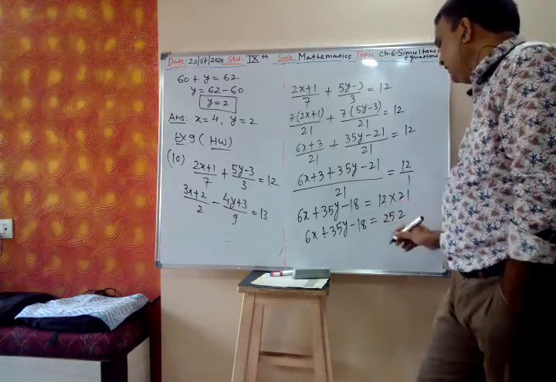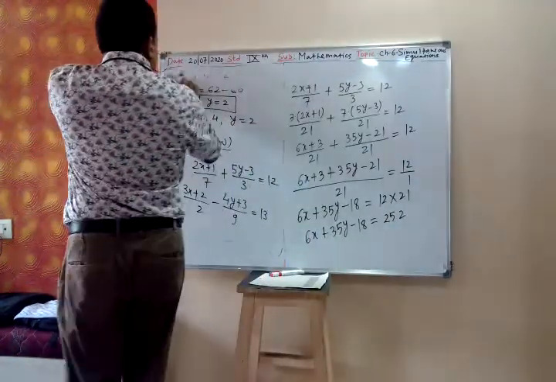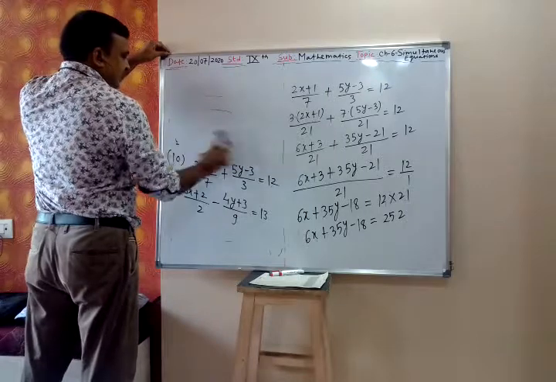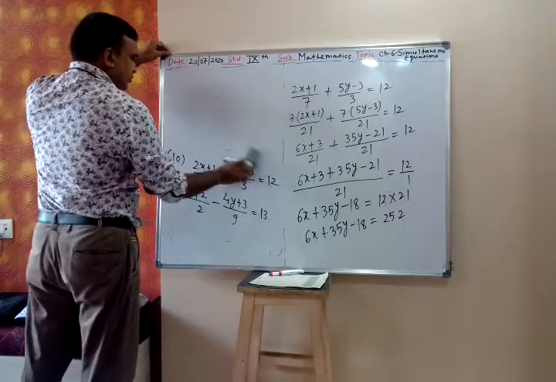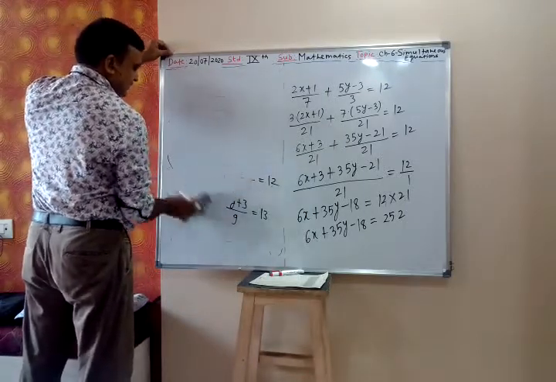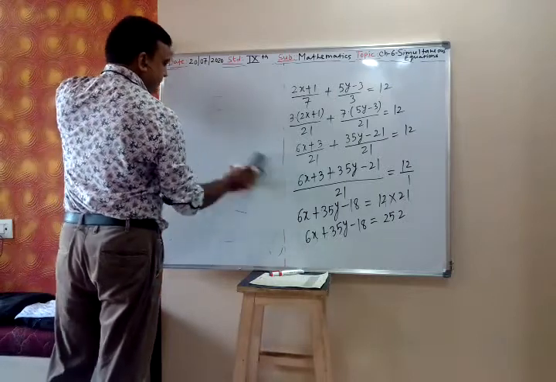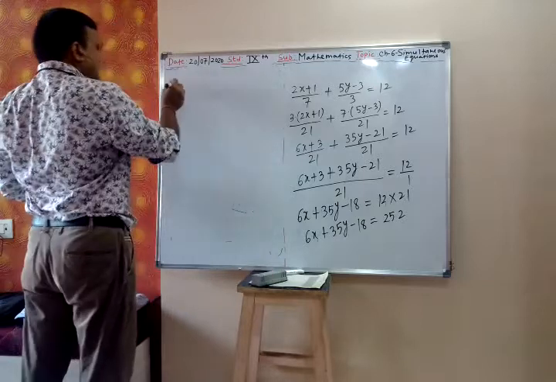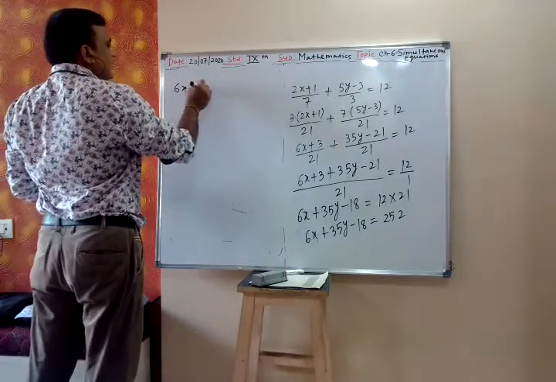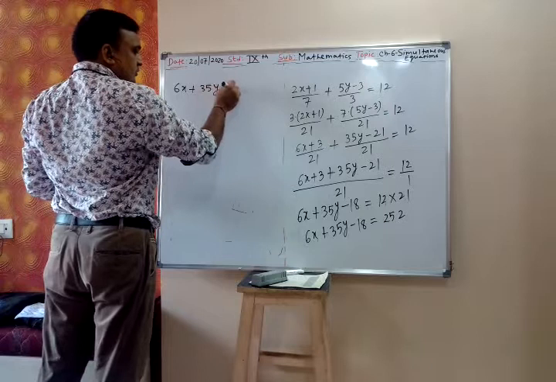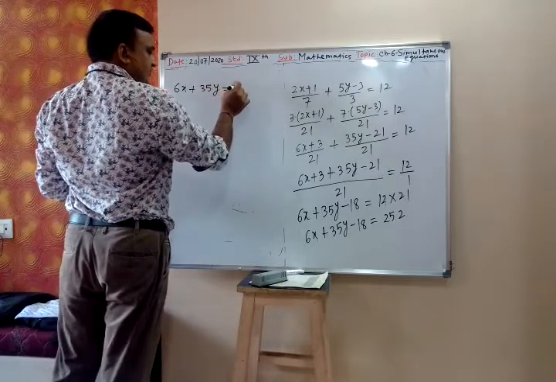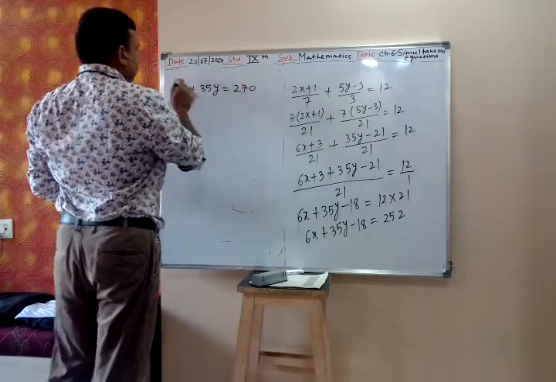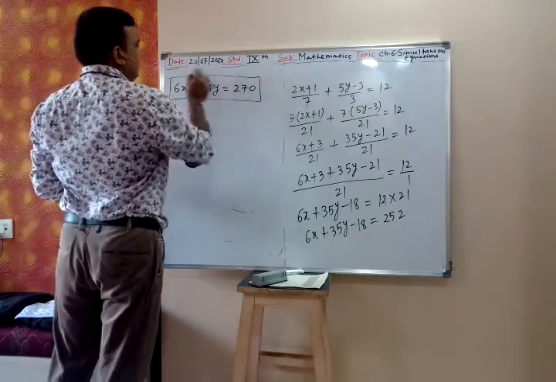Now take 18 on the other side. 6x plus 35y is equal to 252 plus 18. 6x plus 35y is equal to 270, and this is my equation number 1.